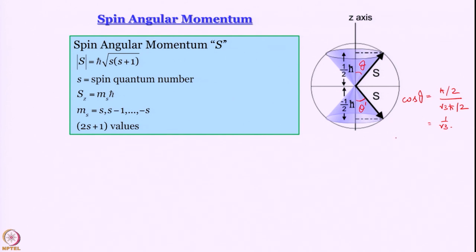right. So, what is theta? Theta equal to cos inverse 1 by root 3, you figure out how much it is, I will not tell you. And when you figure it out, think whether you have encountered this quantity somewhere else or not. So, space quantization is there for the angular momentum associated with spin, even though spin is not spin, spin is not electron spinning about its own axis.